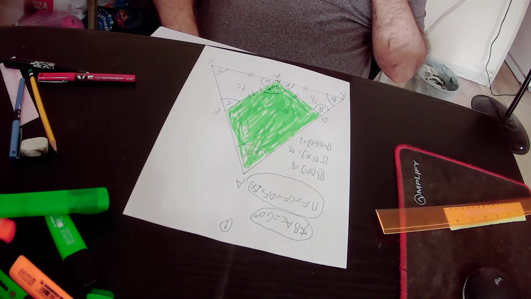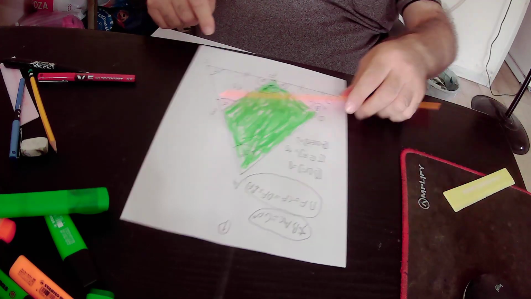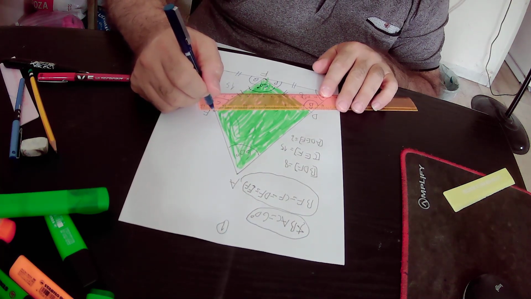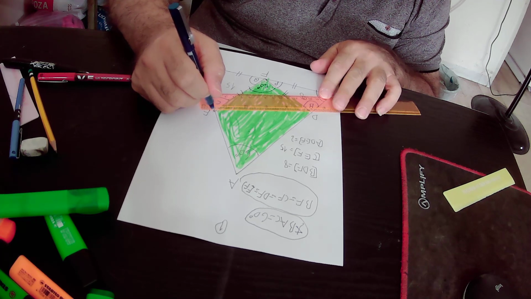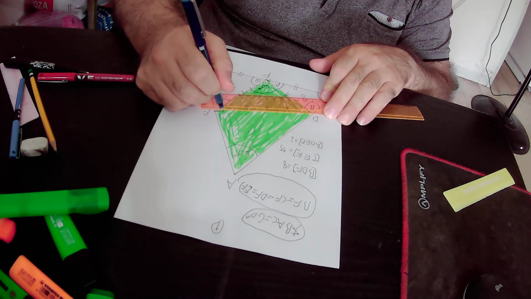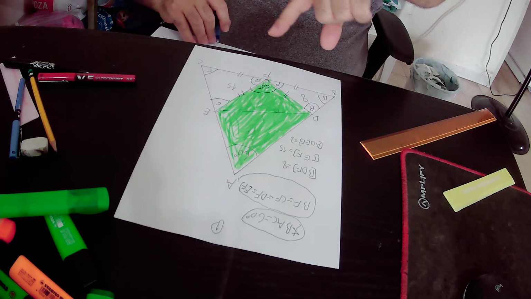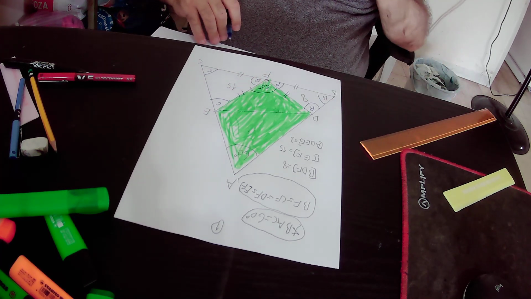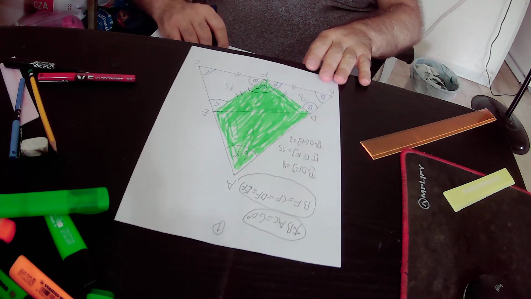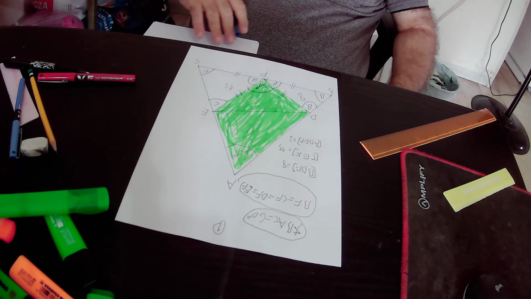In the next step, we'll connect together points D and E by a straight line. We connected together points D and E by a straight line. And again, we created triangle DEF.